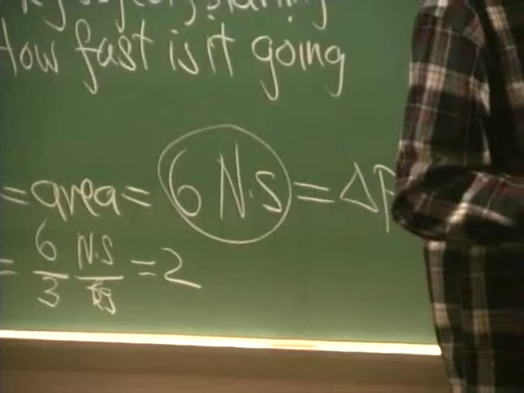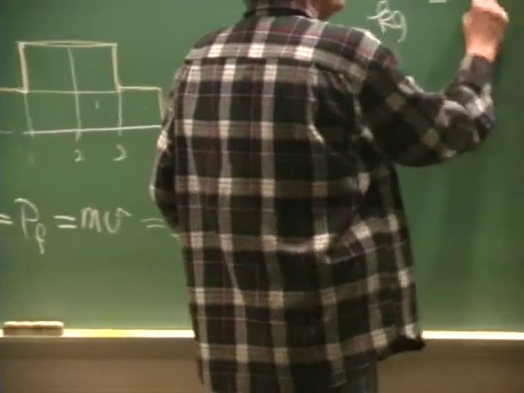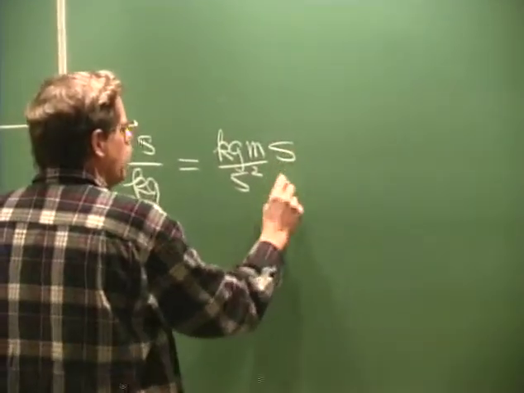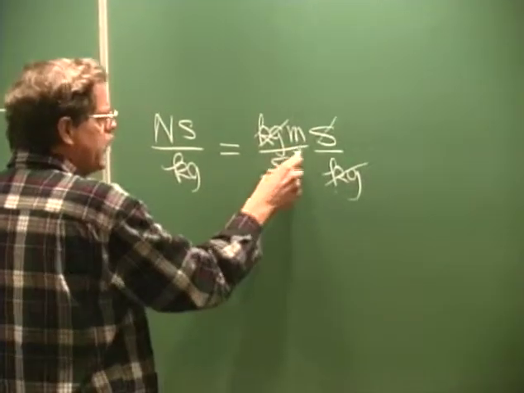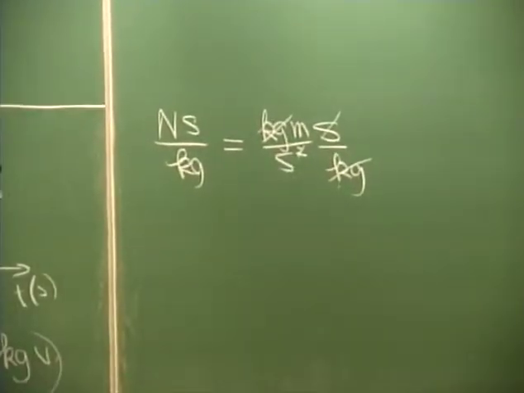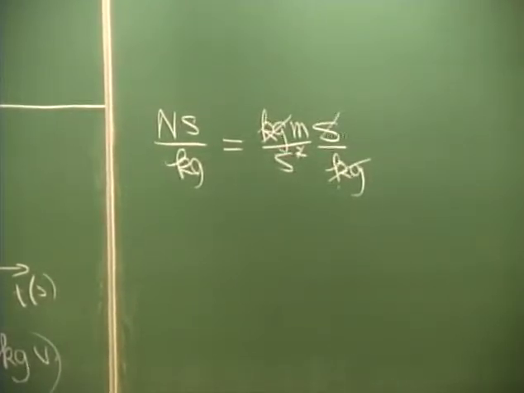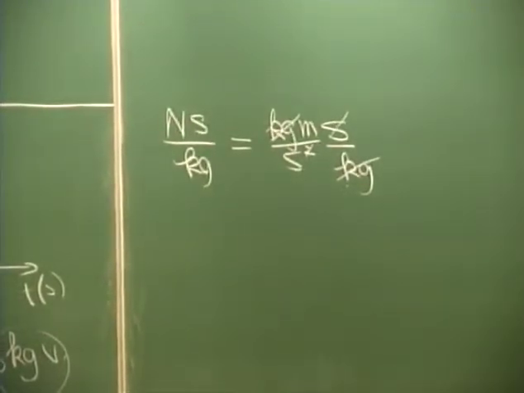That the mass, kilogram meter per second, kilogram meters per second. So it's meters per second. It should be newtons per second.